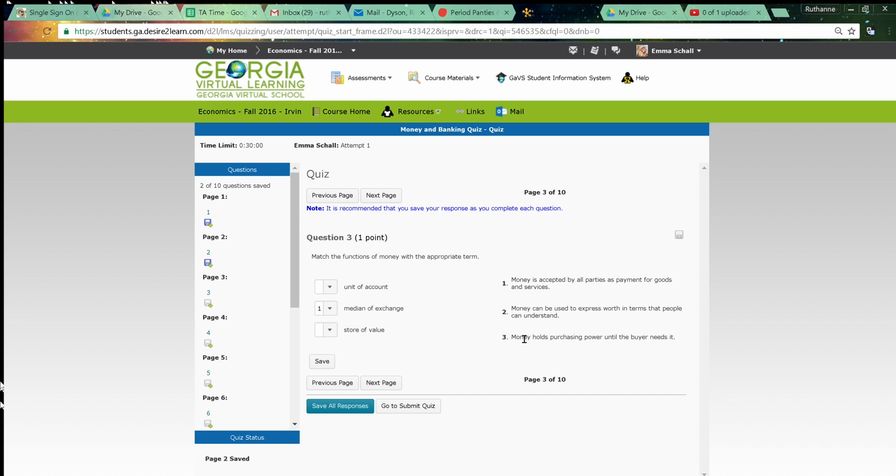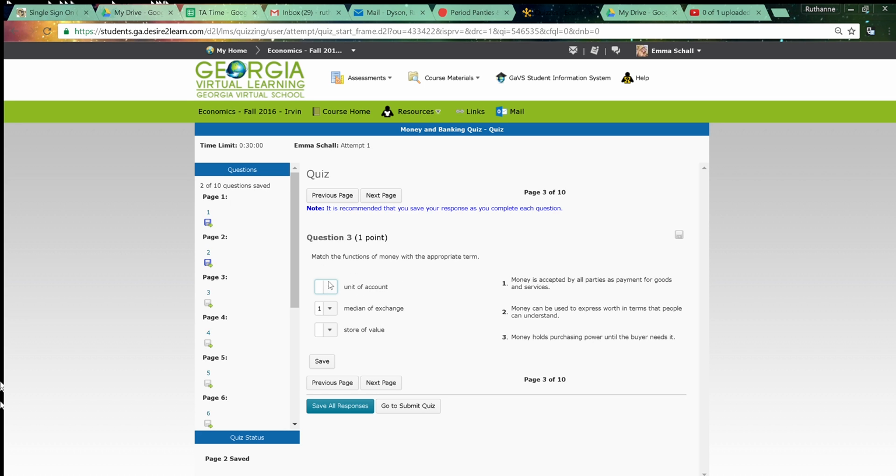Number two, money can be used to express worth in terms people can understand. That is going to be a unit of account, because this is going to allow us to account for how much money we have. And when I say I have $1, that means the same thing to me as it does to almost everybody else.